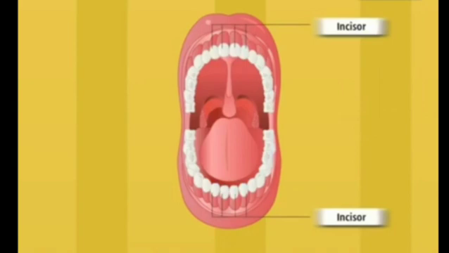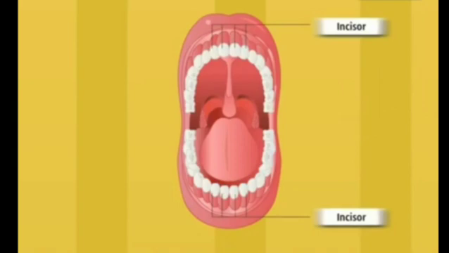Clear? And same in the lower jaw, the 4 teeth are known as incisors, and they are also known as cutting teeth. This was about the incisors. Our front 4 teeth are known as incisors.